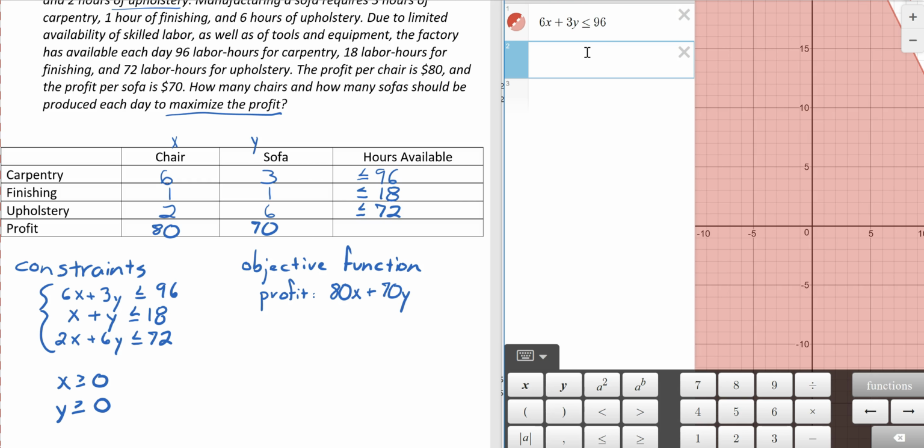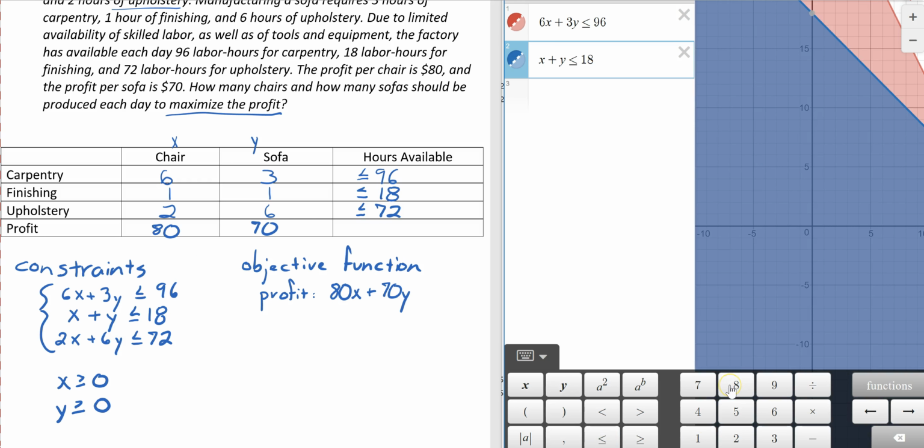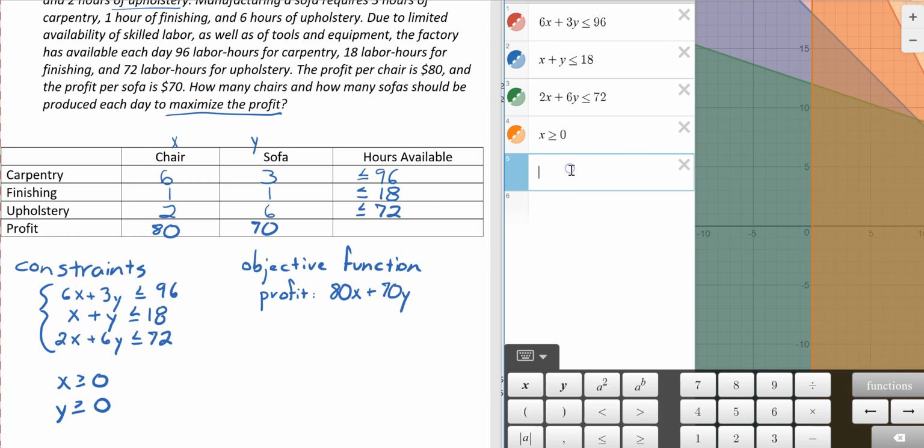The second constraint is x plus y is less than or equal to 18. Our third constraint is 2x plus 6y is less than or equal to 72. Now that's supposed to be a 2x. Our fourth constraint is x is supposed to be greater than or equal to 0, and y is greater than or equal to 0.